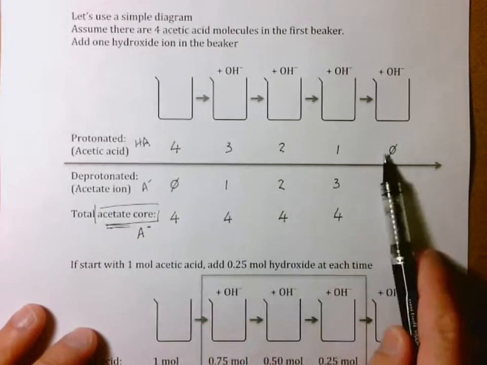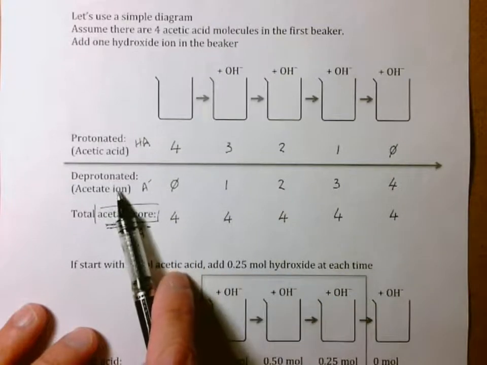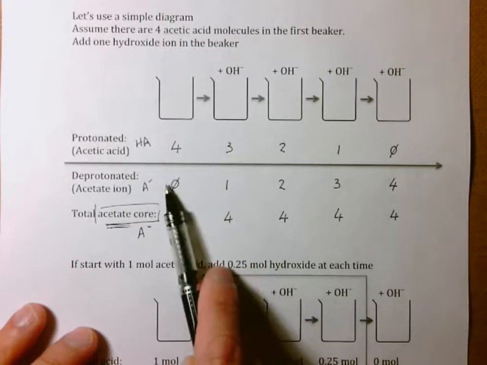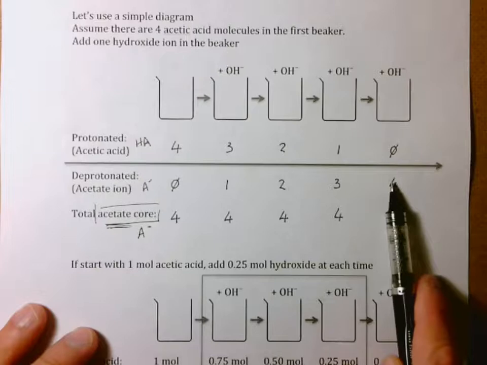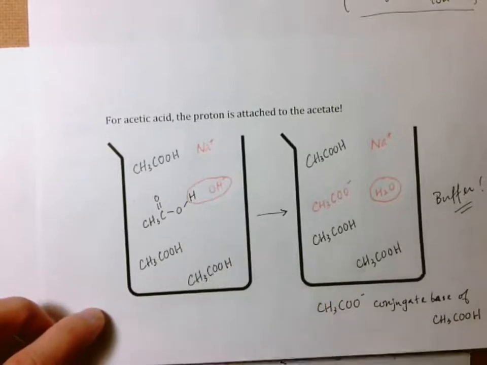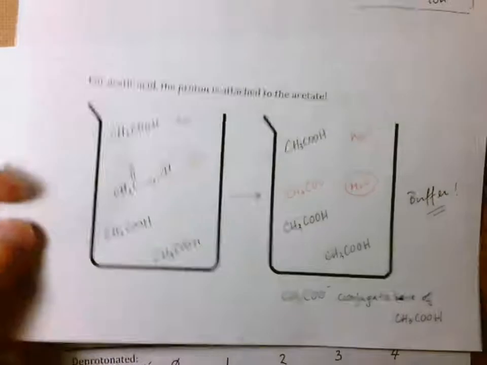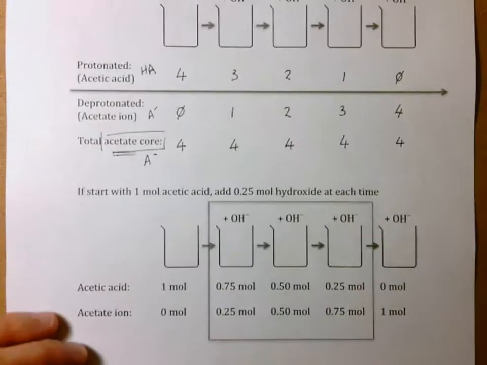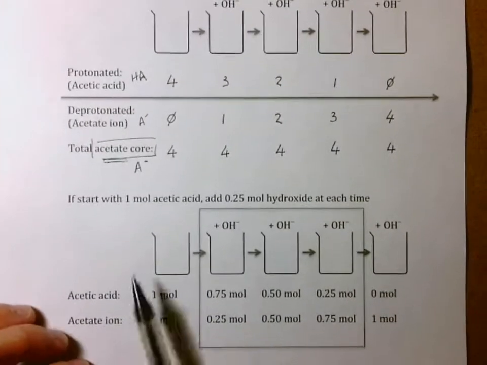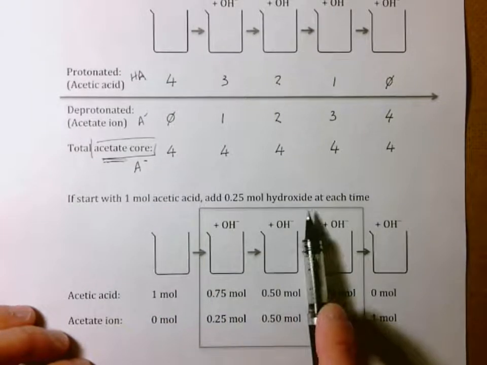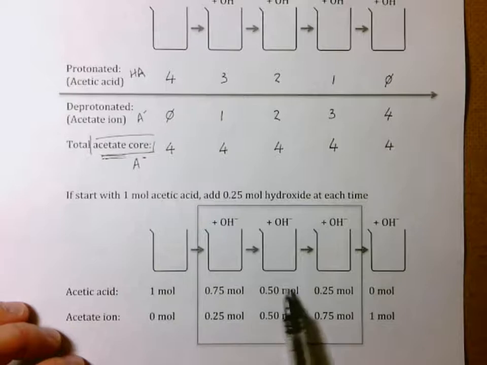This goes down just like strong acid, but the huge difference is on the anion. The free anion is increasing because hydroxide pulls the hydrogen away to free this anion. Alright, so using the same diagram, if I use 1 mole acetic acid and add 0.25 mole of hydroxide each time, you get this decreasing.